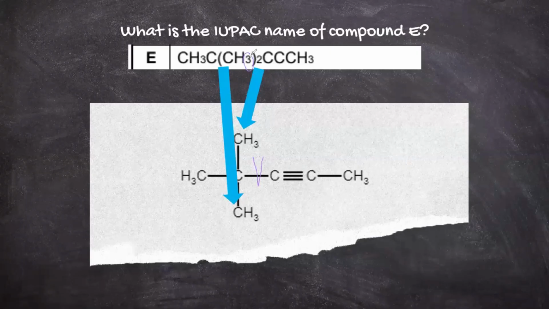These are CH3s. If you're seeing CH3 anywhere in a molecule, except on the very, very ends, okay, you know it has to be a side chain. Why? Because carbon can only make 4 bonds.